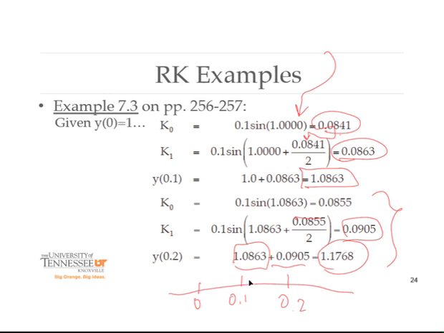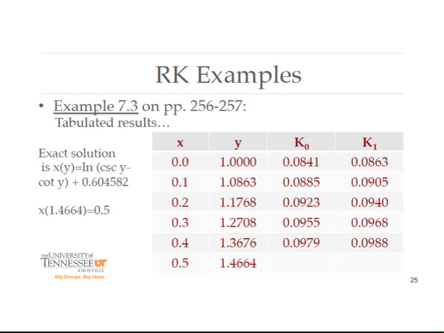And in the next slide, you'll actually see a set of tabulated results where the initial condition was given here, and we've already obtained this approximation, and we're just continuing on to see what we would get finally when we get to 0.5. We get this value.